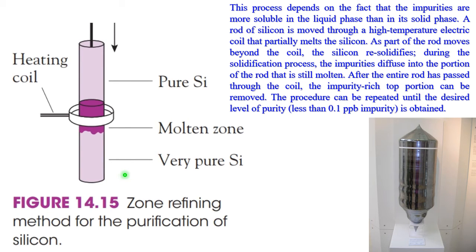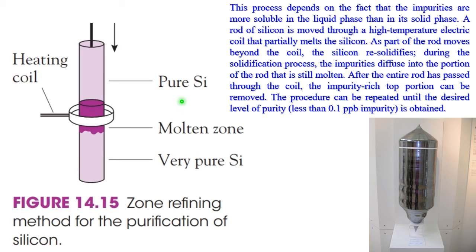Silicon for electronic uses needs to be purified, and the most common process is zone refining or the Czochralski process. The process depends on the fact that impurities are more soluble in the liquid phase than in the solid phase.